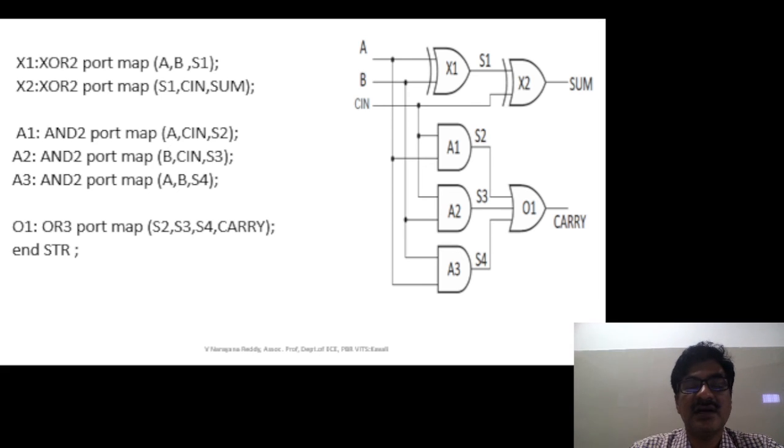Based on the logic diagram, the compulsory declaration is the component declaration before the begin. The number of component declarations is equal to the number of different components, but after begin the statements are the instantiation statements. Their number is equal to the number of components.